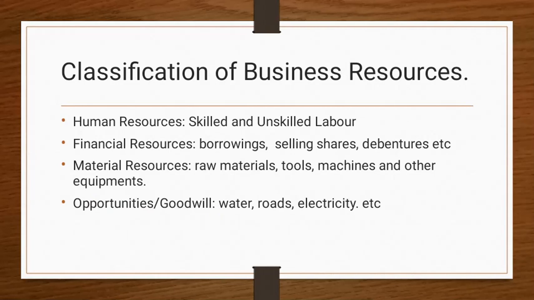If you want to start a bakery, you surely need water and electricity. If you want to be delivering goods to someone, you must also note the availability of roads where you site your business. That's localization of industry, or location of industry as the case may be. That's another topic on its own.